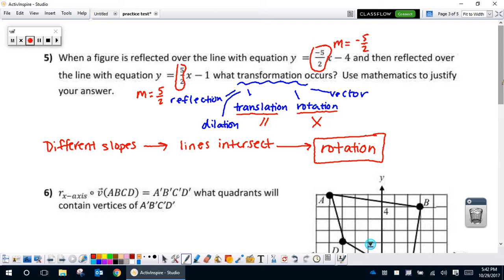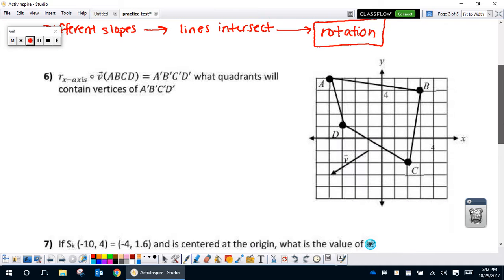All right, number 6, you are going to apply the vector to A, B, C, D, and then you're going to reflect over the y-axis. So I would put a 1 over the vector, a 2 over the reflection, and they want to know what quadrants will contain vertices. All right, so our vector says to go left 3, so that's a -3, and we're going down 2, so a -2.